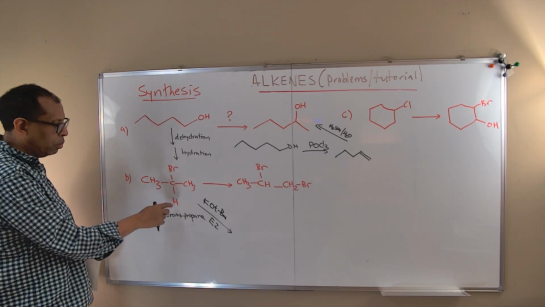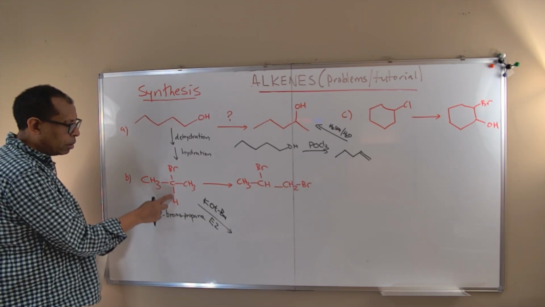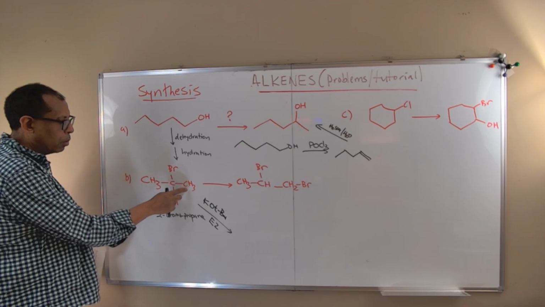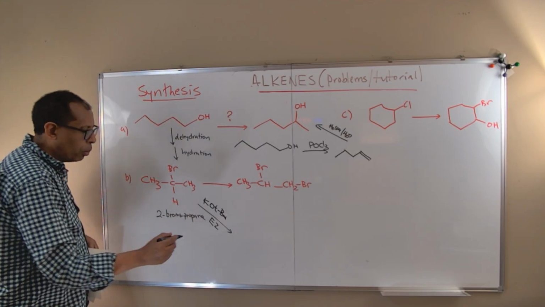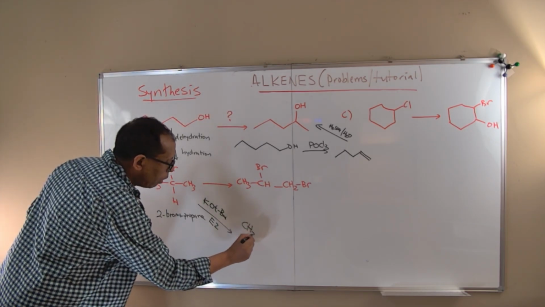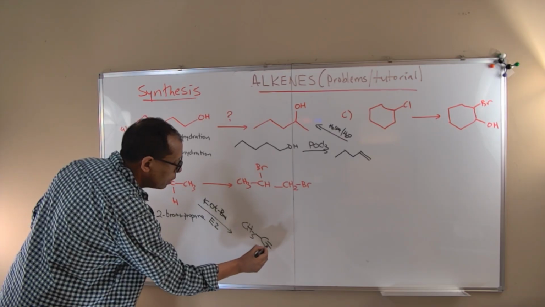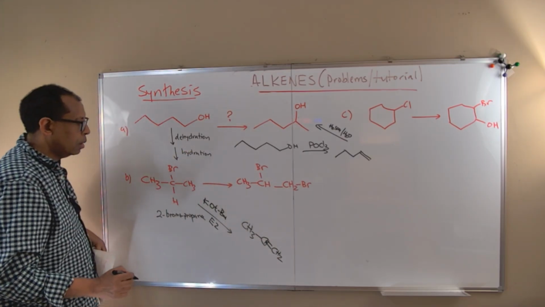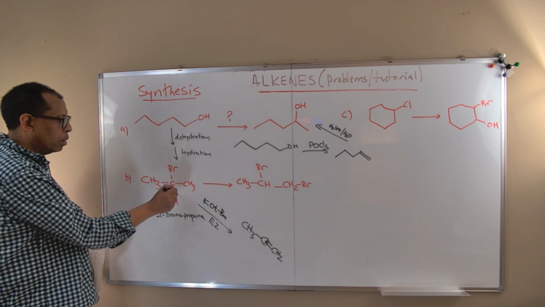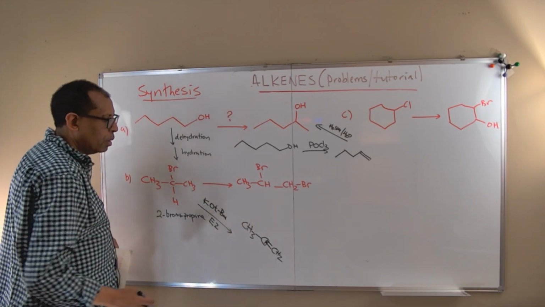That is, you would eliminate: this is the alpha carbon, this is the beta hydrogen, and the alpha bromo is what would leave. So I would get the elimination of one of the hydrogens to give me the alkene CH2.